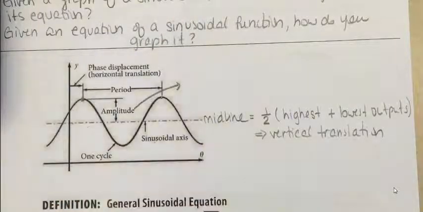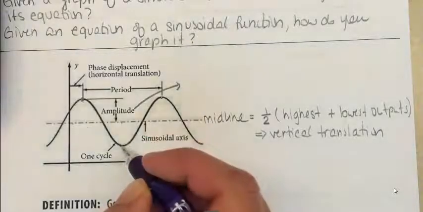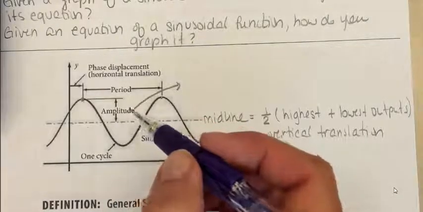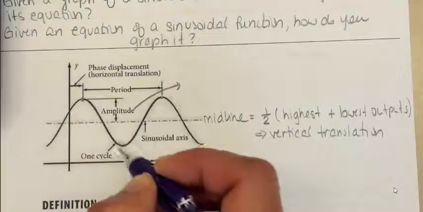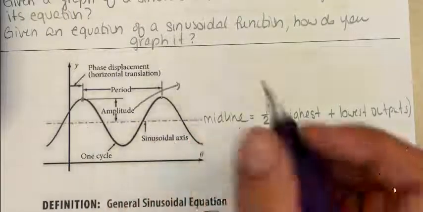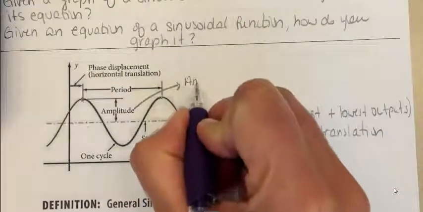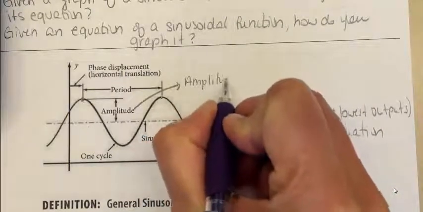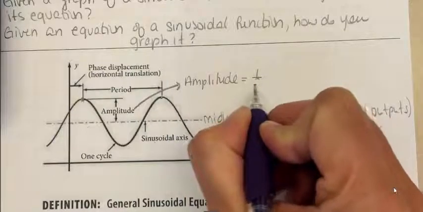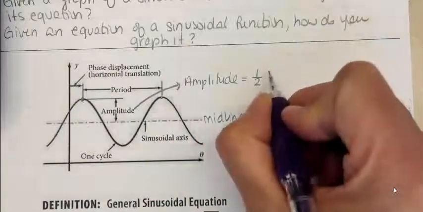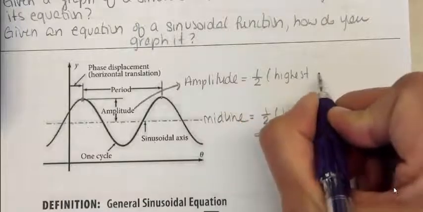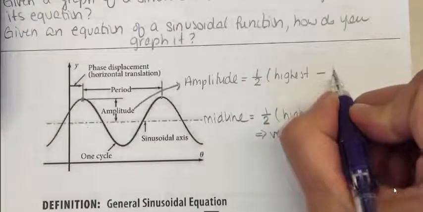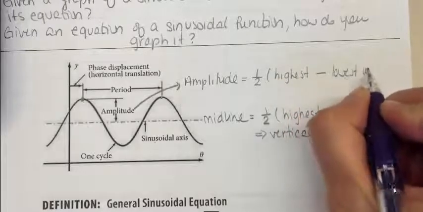It's always going to be positive. You're not going to think of a negative amplitude going down. When they're asking for the amplitude, they're asking how far is your highest or lowest point from this midline. So amplitude is half of the distance from the highest and lowest outputs: half of highest minus lowest outputs.